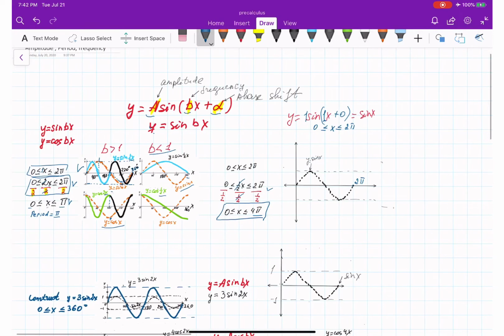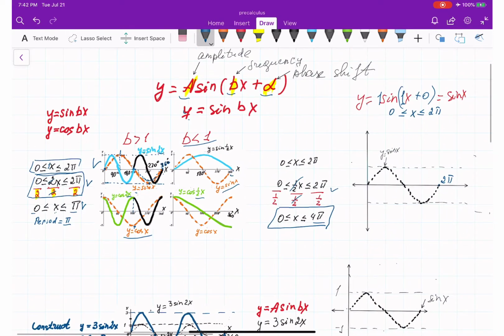Okay? So we looked for frequency B that is greater than 1, less than 1, and equal to 1. We already know it's a graph sine x, or it's a graph cosine x.